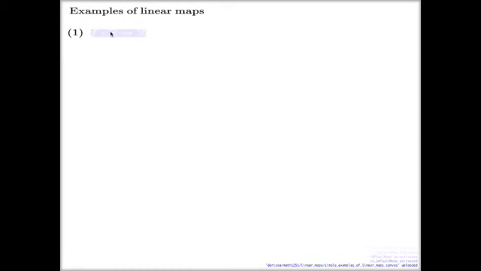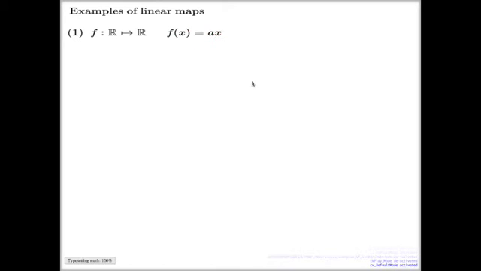The first example which I have on my slide is this one. If you take any map between the real line and the real line, we can think of a real line as a vector space. It's R1, a special case of the Rn vector space.